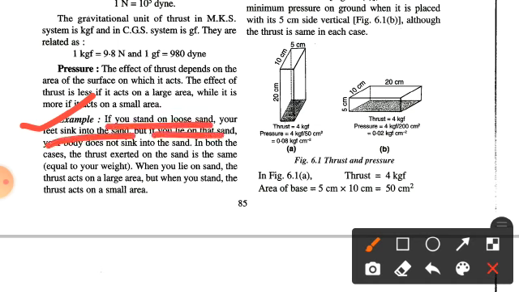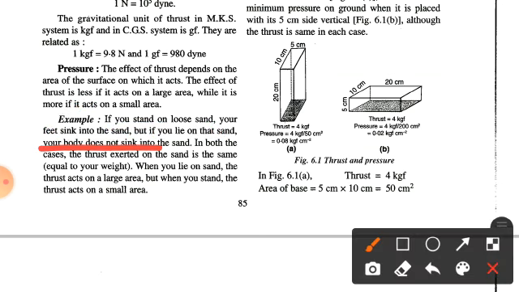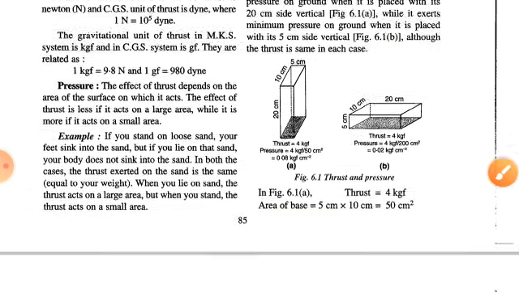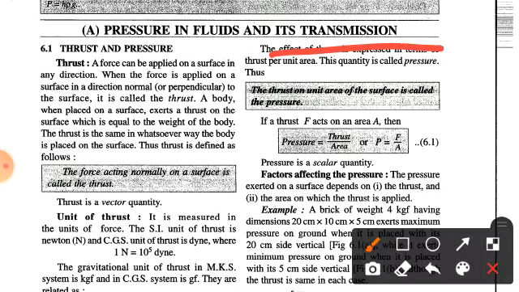But if you lie on that sand, your body does not sink into the sand. Clear? In both cases the thrust exerted on the sand is the same, equal to the weight. When you lie on sand, the thrust acts on a large area, but when you stand, the thrust acts on a small area. Clear? So when the effect of thrust is expressed in terms of thrust per unit area, it is called pressure.